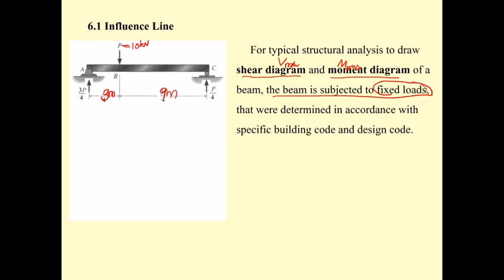Okay, and the fixed load comes from what? The fixed loads come from the building code and the design code to get the live load, such as for a beam in an office or a beam in a kindergarten.